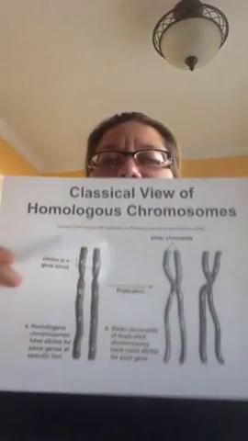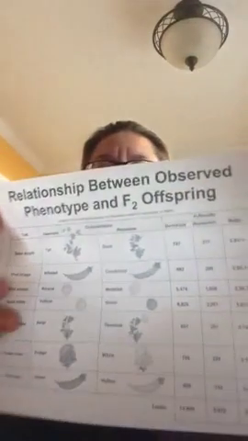Depending on the alleles, there's a homologous pair of chromosomes. Homozygous is identical alleles, and heterozygous is different alleles. So it shows you here.